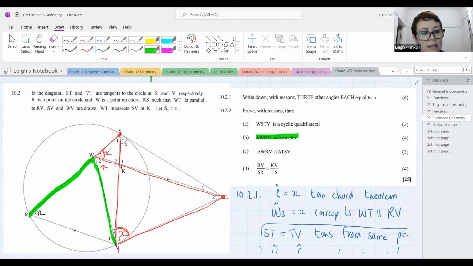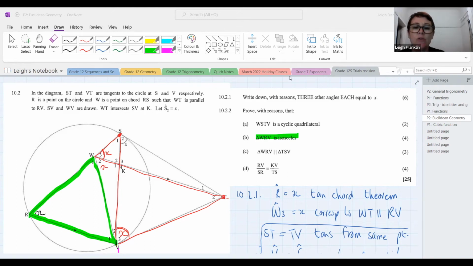So what does it mean when they tell us to prove that a triangle is isosceles? What are they asking us to show? Correct. So Aisha, that's exactly it. If it's not being given, you have to prove it before you can use it. But let's say, Aisha, that you were unable to prove that WSTV was a cyclic quad.